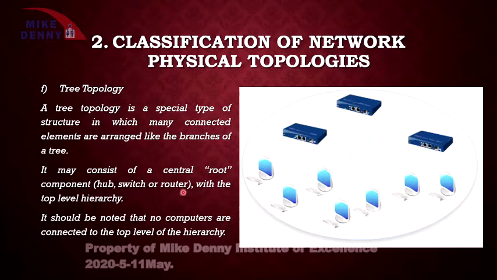As we said, note that no computers are connected to the top level of the hierarchy. So no computers are connected directly here. As you can see, we have this one connected to a router or another switch or a hub before the computers can connect to them.